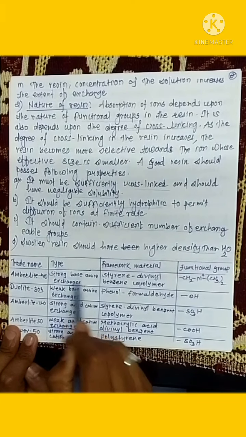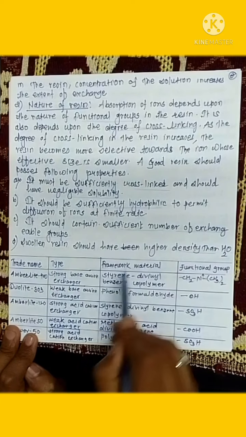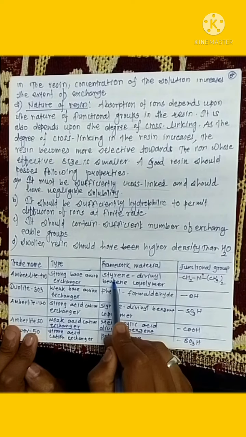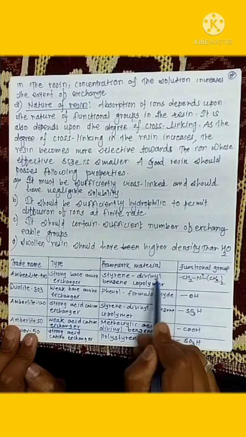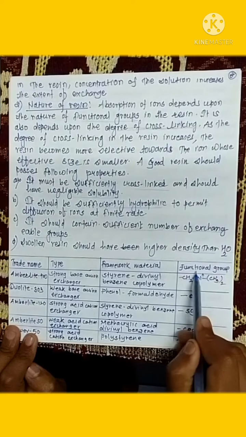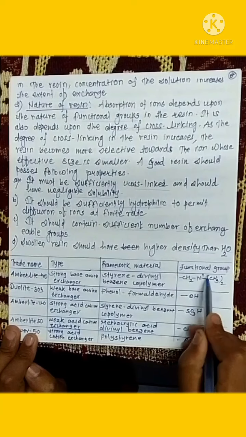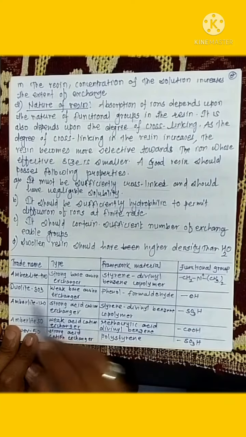This resin is a strong base anion exchanger resin. Framework material, that is the polymer used, is styrene divinyl benzene copolymer. Functional group present in Amberlite 400 is CH2N+(CH3)2.